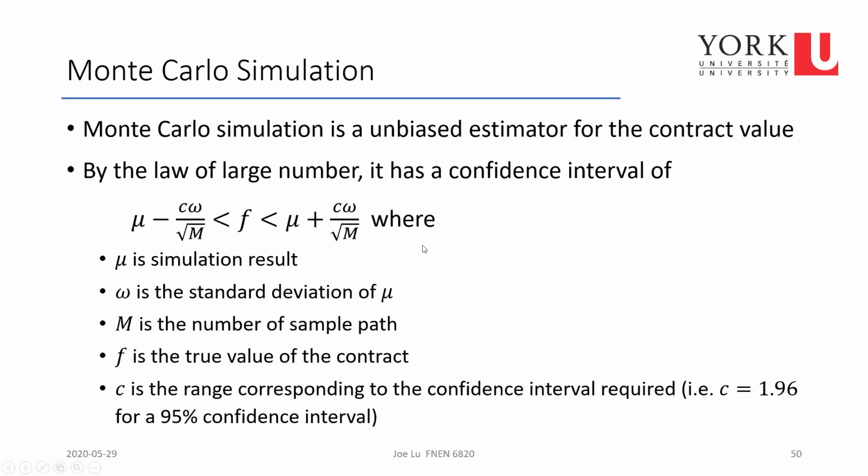You will see the range of that confidence interval, which gives you a sense of how much you can be off, and this also tells you how many additional paths you need to generate to reach a pre-designed confidence interval.